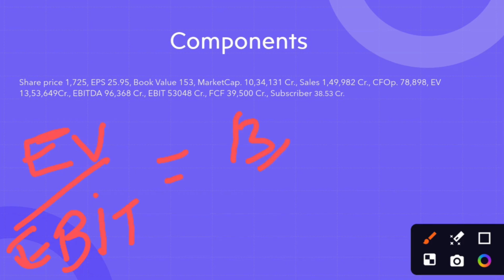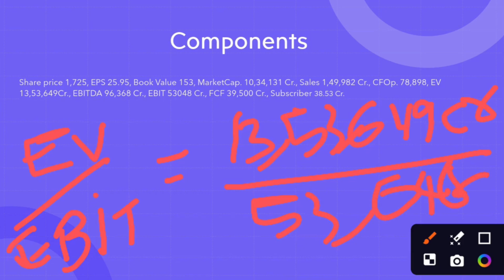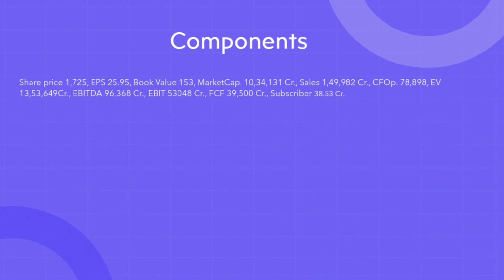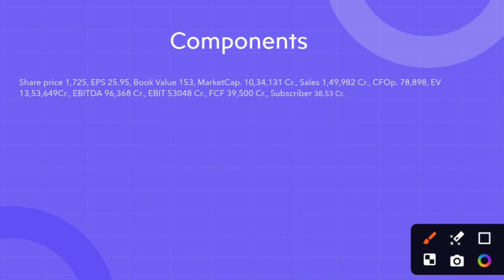The enterprise value is 13 lakh 53,649 crores, divided by the EBIT, which is 53,048 crores. This gives us the answer 25.52.